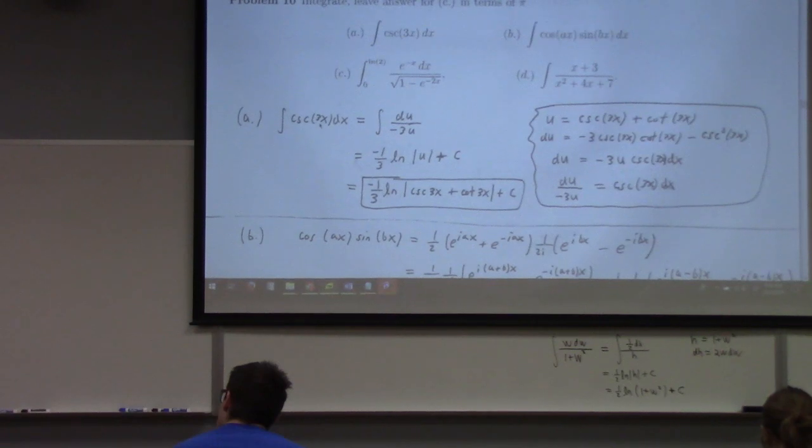And so I distributed the minus into the denominator to make things prettier. Then what would you do? Yep. Oh, yeah, you guys know too much, but yes, that is inverse tangent, right?